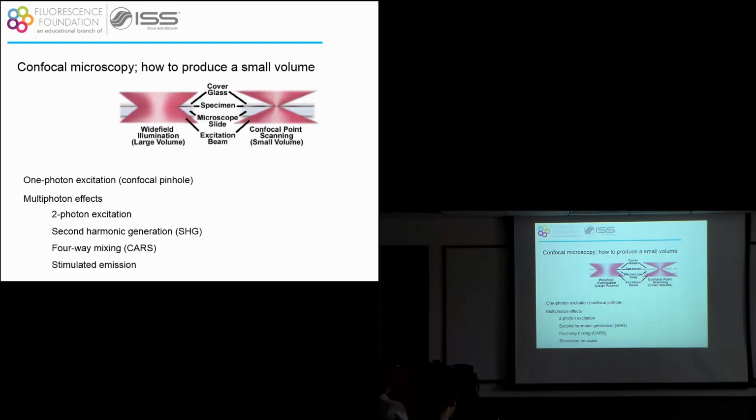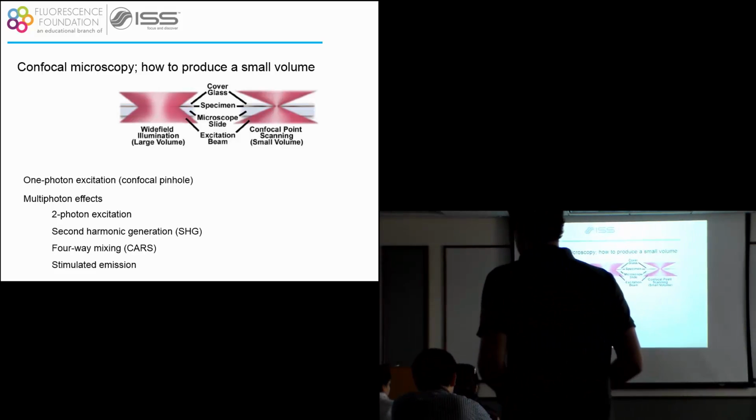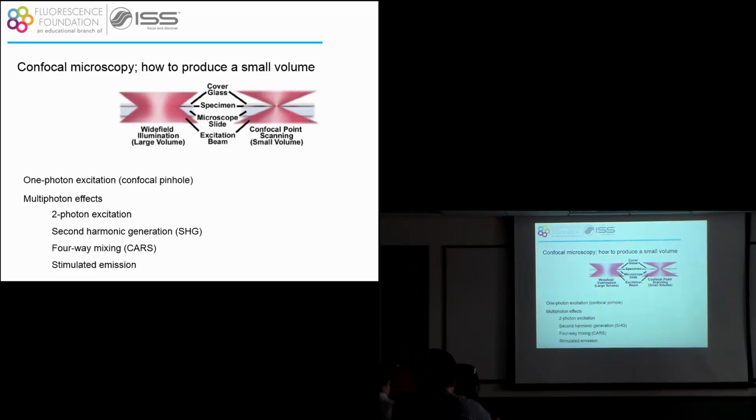Now, there are other ways to produce the confocality. And when I say other ways, I refer to not necessarily using a mechanical means, like a pinhole, to isolate the plane of observation of your sample. These other ways are the two-photon excitation, and there are additional laser techniques that are being used today.